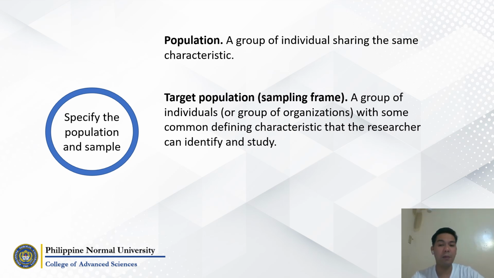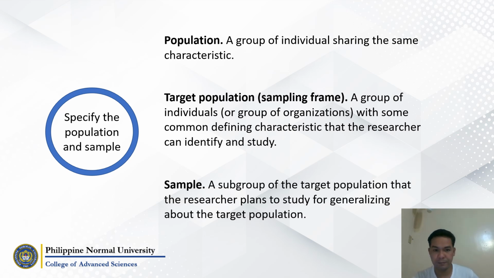But when we talk about target population, from those teachers, who will be your respondents or participants? So say you are looking for the participants who are teaching in special education or those who are teaching in secondary schools or those who are teaching at the elementary. And this becomes your sampling frame.